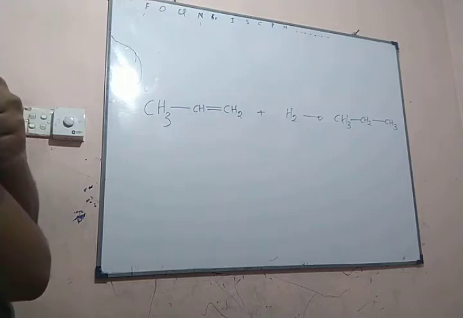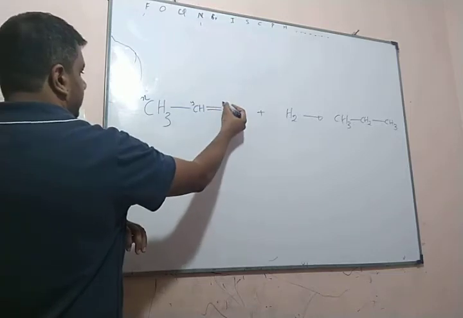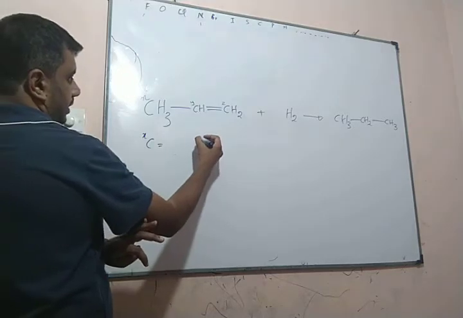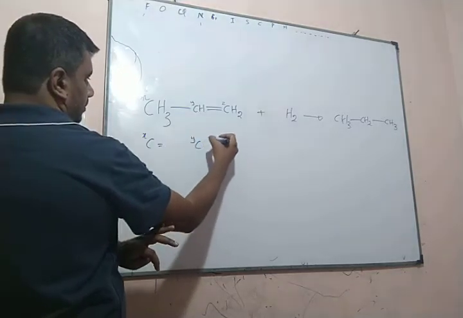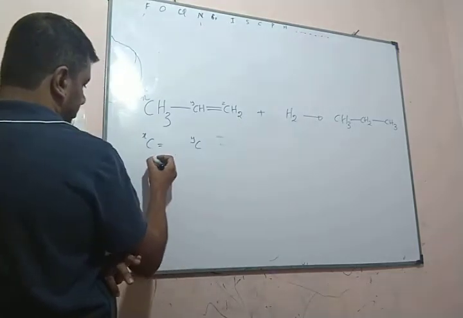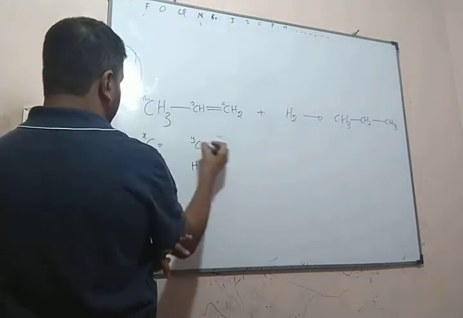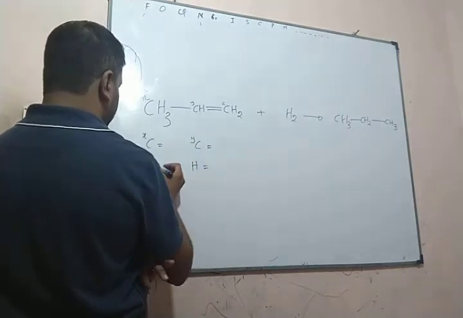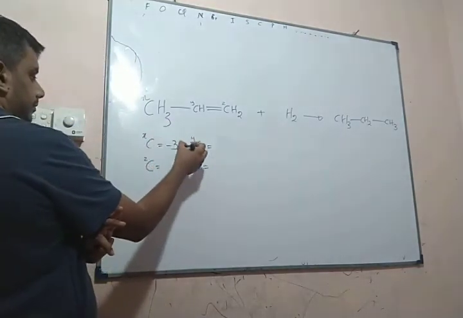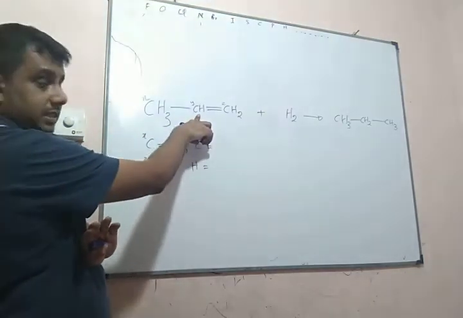What's the oxidation state of carbon? X, Y, Z. X carbon, Y carbon, Z carbon, and what else? Hydrogen. Oxidation state of X carbon, what? -3, right? Oxidation state of this carbon, -1.